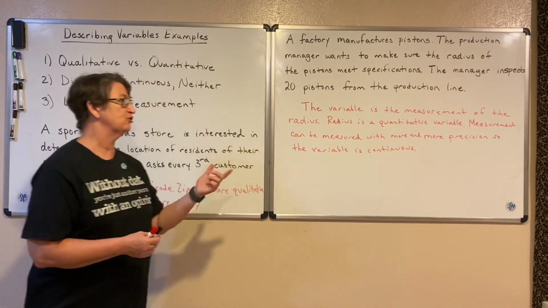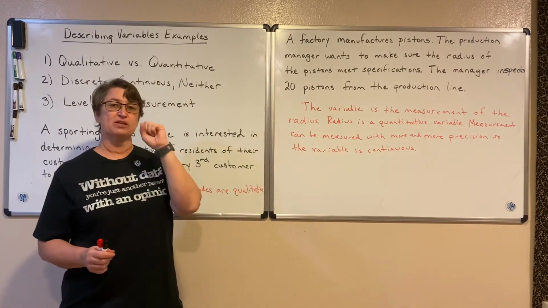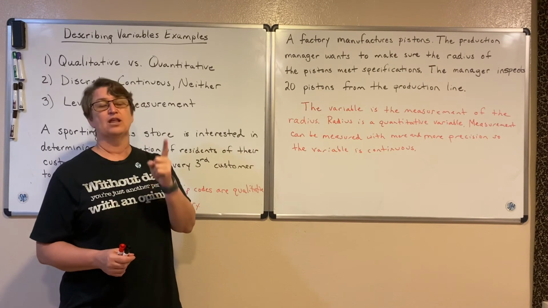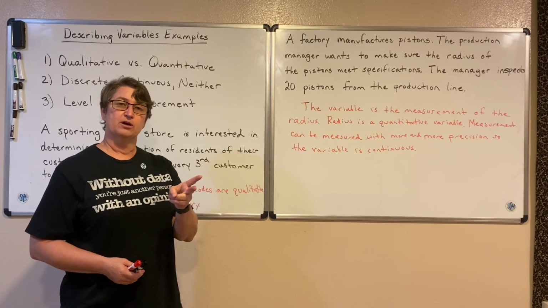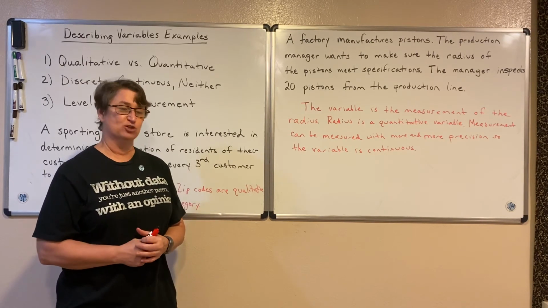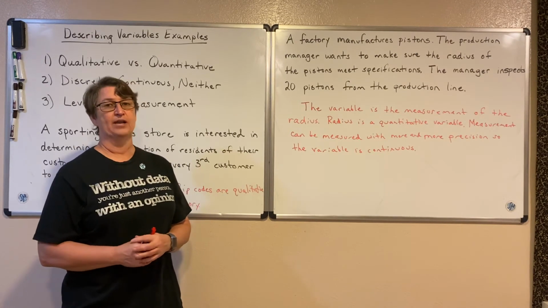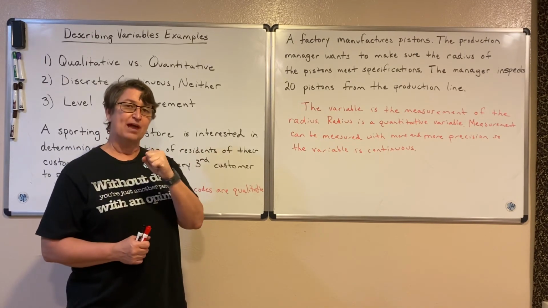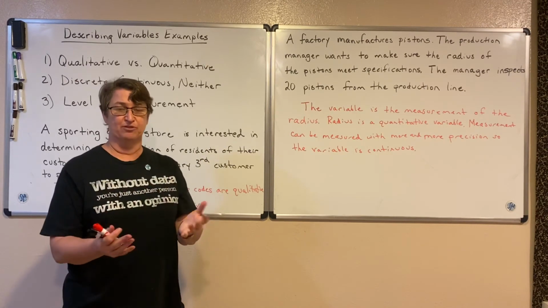So the first thing I do is I realize that it's quantitative. Since it's a quantitative variable, it's either going to be an interval level of measurement, or it's going to be a ratio level of measurement, those two higher levels of measurement. Then I ask myself, is there a true zero or not? If I say my radius is 0, is there an absence of something?